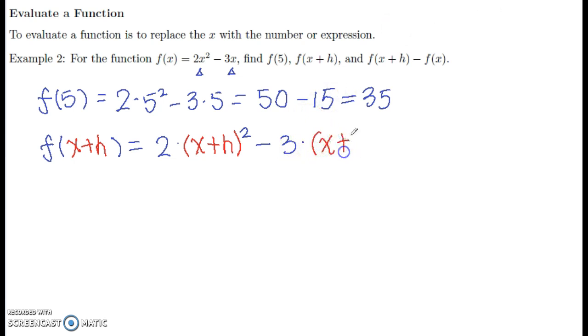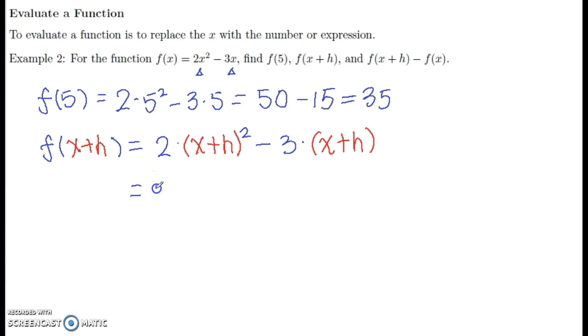x plus h. Now we want to simplify, and to simplify, we have to first expand the binomial expression.